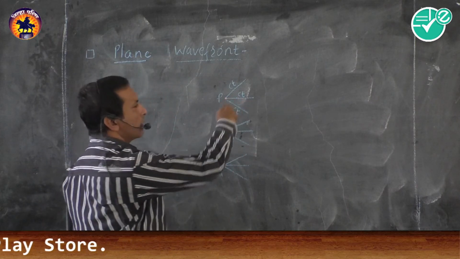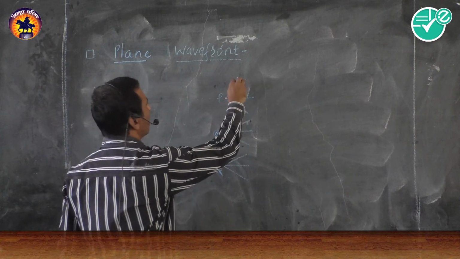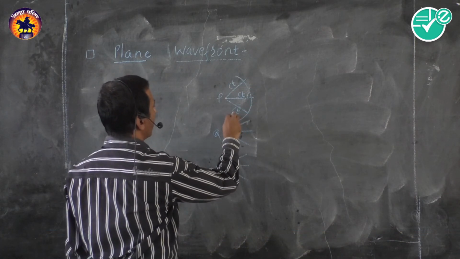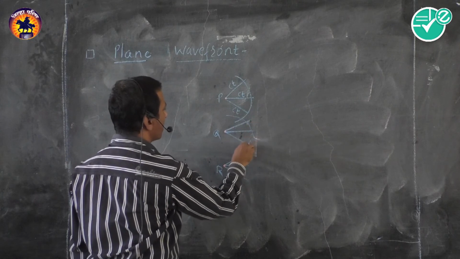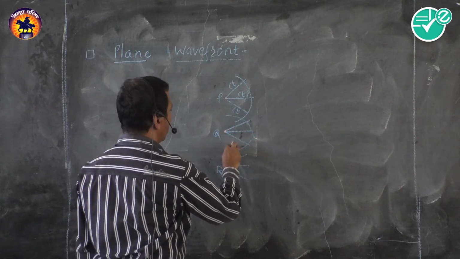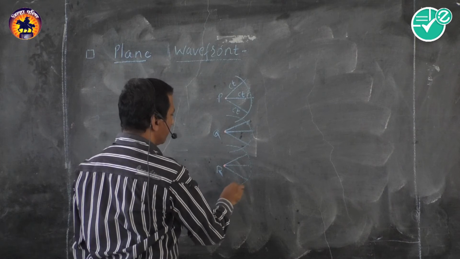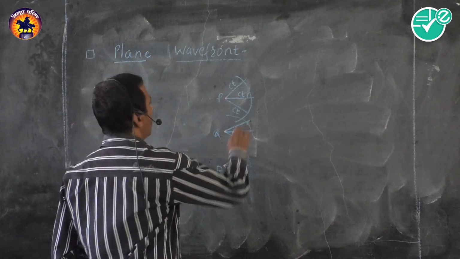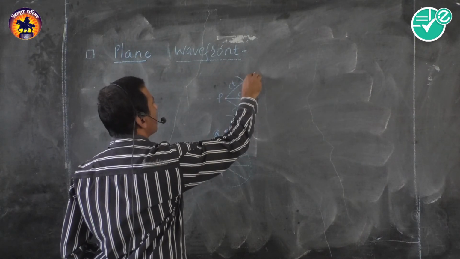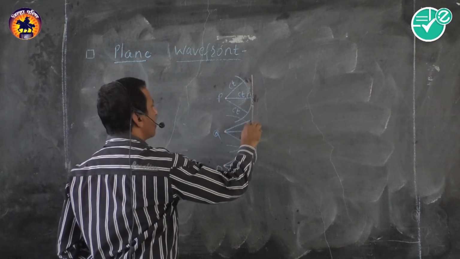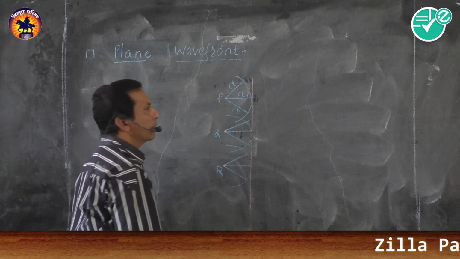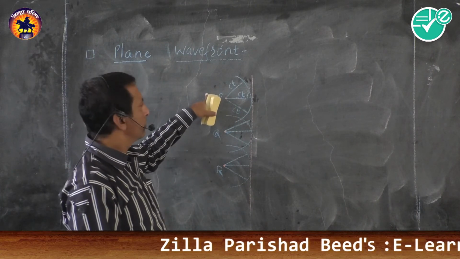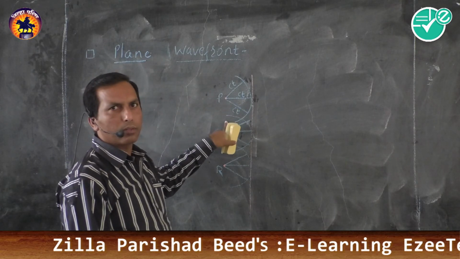Taking ct as radius, draw a hemisphere to all the points. A common tangent drawn to all the hemispheres, according to Huygens' principle, gives the position of the next wavefront. This is called a plane wavefront.